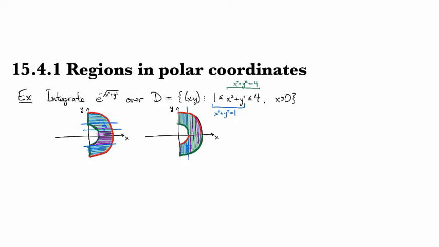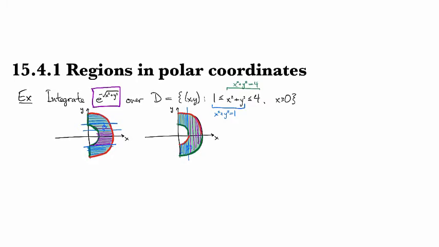And in any of these situations, we also have to contend with this obnoxious integrand, which is not going to be easy to work with. It's just an ugly mess. But there's a better way.